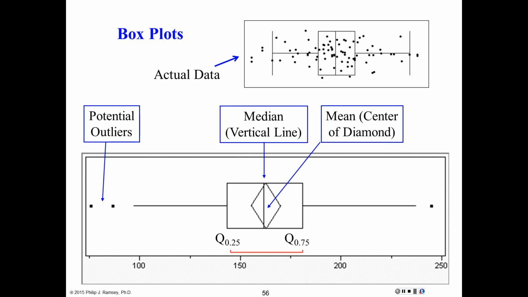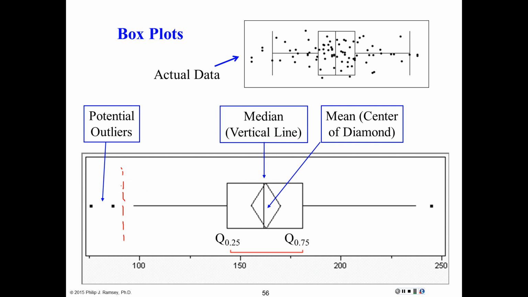First, using some statistical theory, any observation that is more than 1.5 times the interquartile range away from each end of the box is a potential outlier. In other words, it's an unusually extreme value. So I'm going to just basically crudely draw in what I'm going to call the outlier fences.